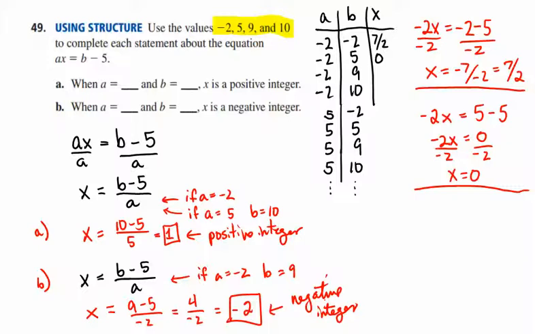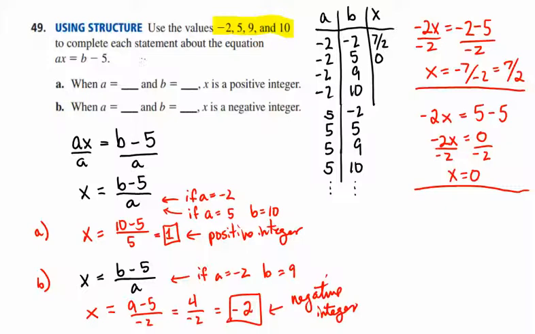Alright, so this one is kind of tricky, but as you can see, if we make an organized list, we would see that there are 16 possible combinations of a's and b's. We can go through the whole list, or we can solve for x and then try to reason our way through with the different available values. And so I'll plug these values in here.